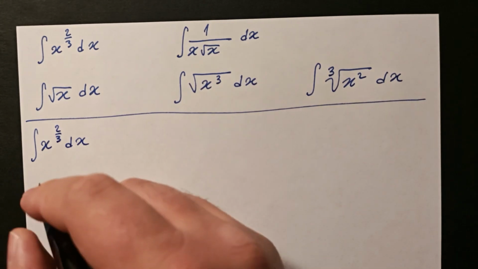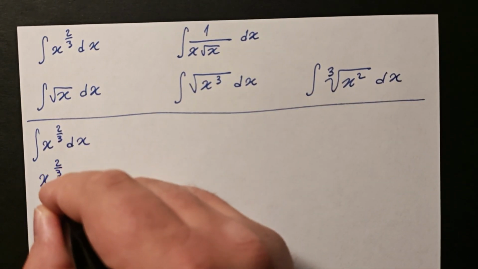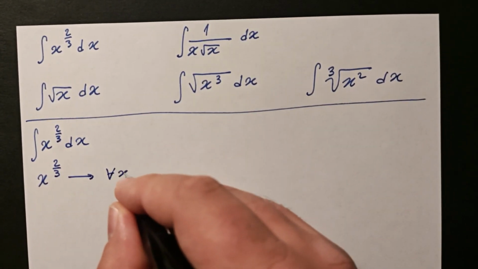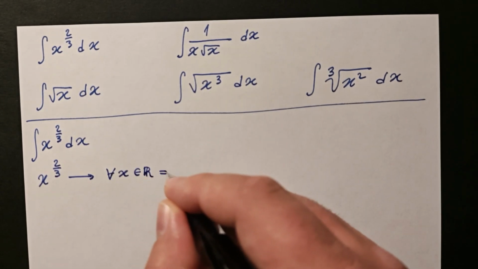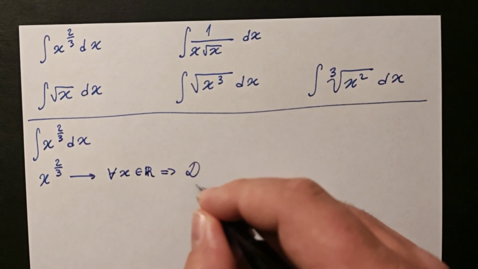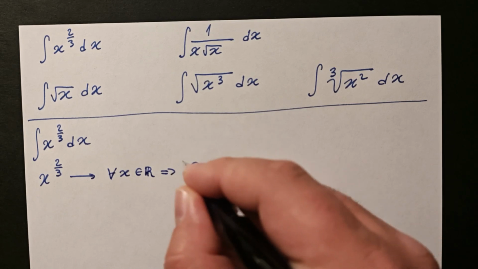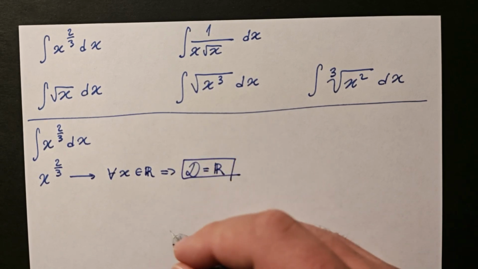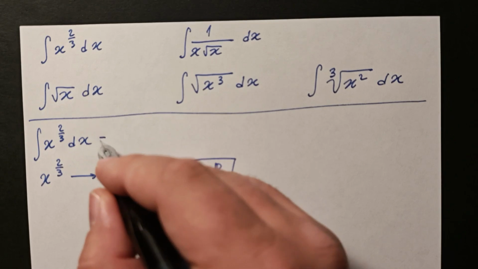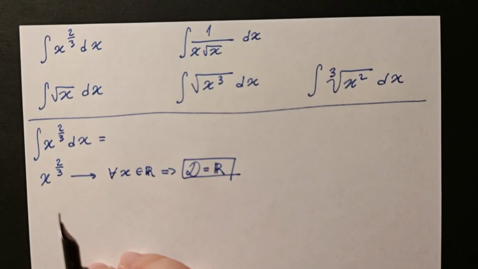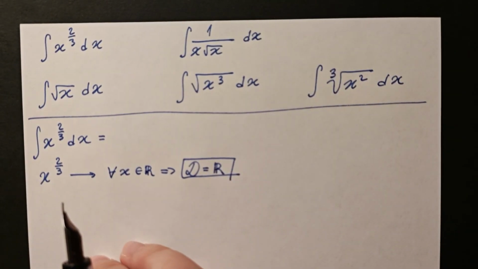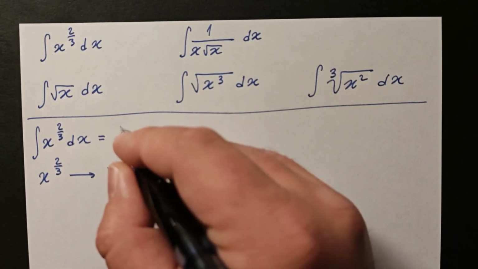Let's attempt to solve the first integral of this list, integral of x to the power of 2/3 dx. As you can see, x to the power of 2 over 3 is defined for every x which is a real number, and that means that the area in which this integral is defined is an entire set of real numbers. 2 over 3 is a fraction which is different than number -1, so we can use the power rule.